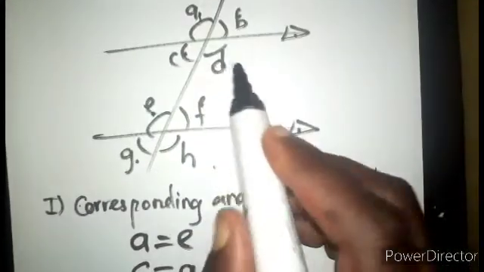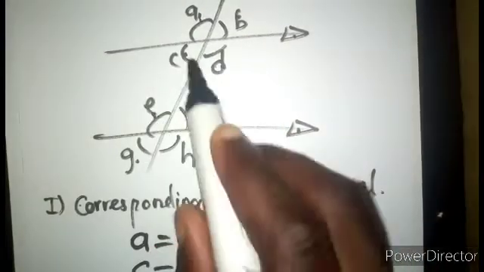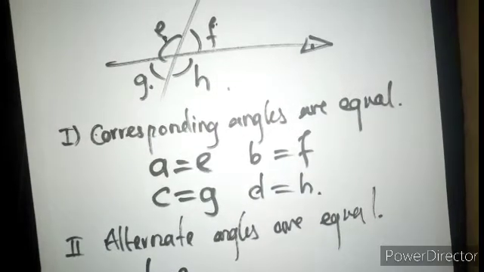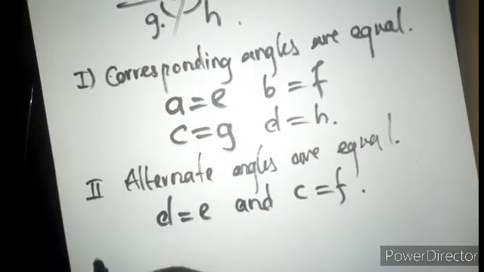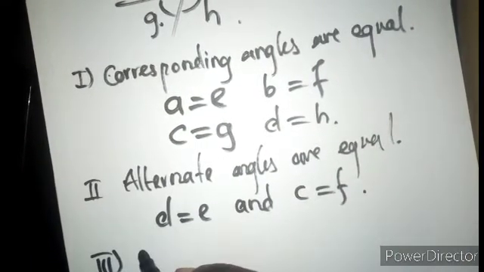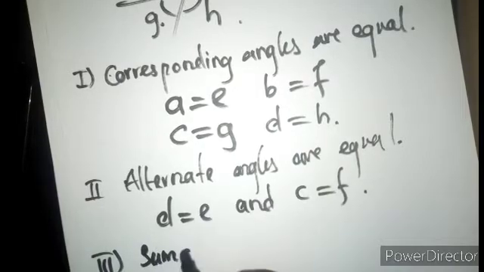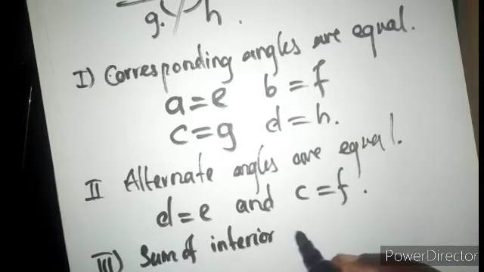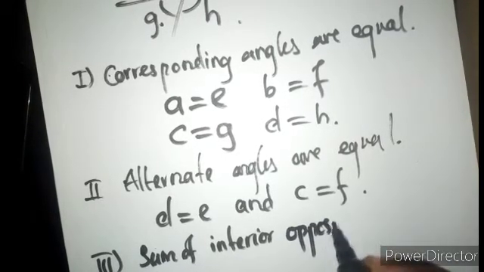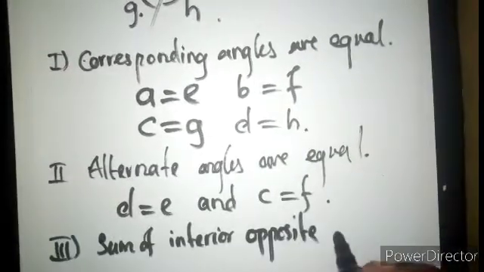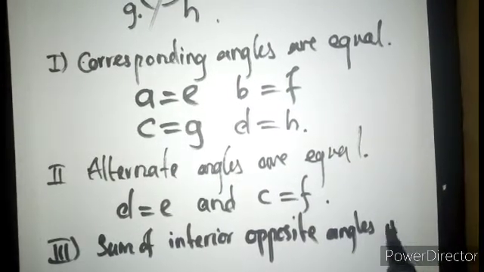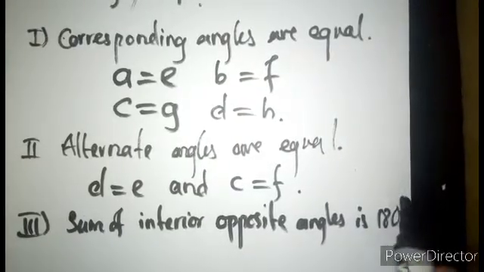We have here D is alternate to E, C is alternate to F. So we are saying directly that D equals E and C equals F. The third important fact is that the sum of the interior opposite angles, those are angles on the same side, is 180 degrees.